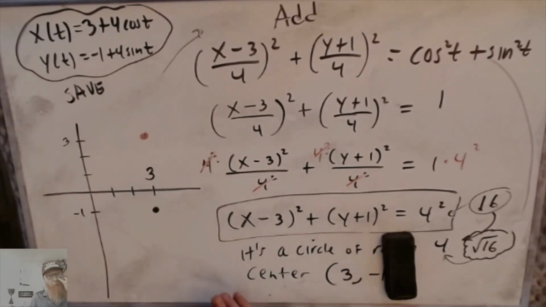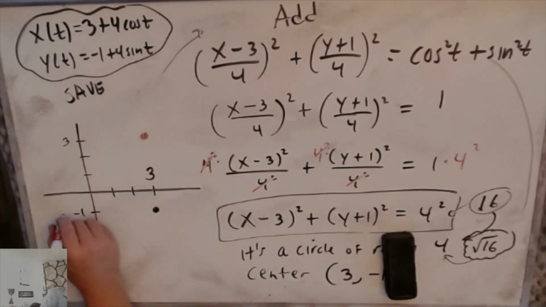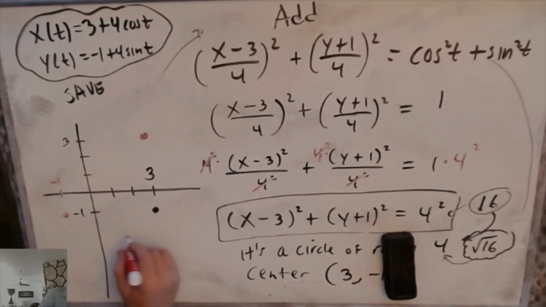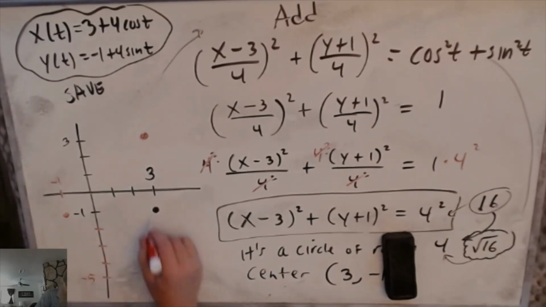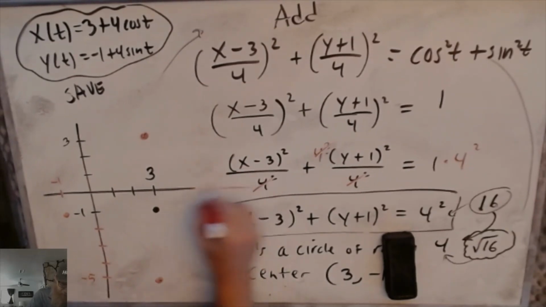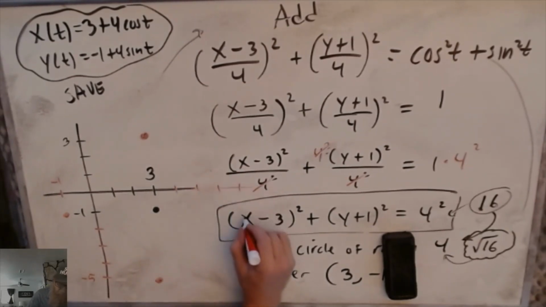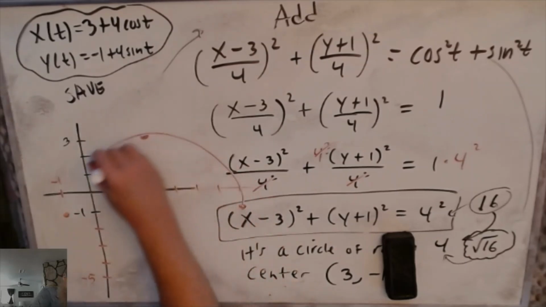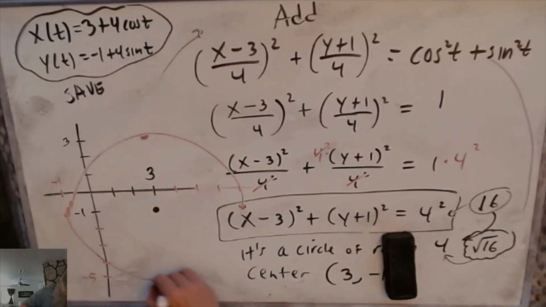I'm going to go 4 units to the left, puts me over here. 4 units down, 1, 2 through negative 5 down here. And 4 units to the right, 2, 3, 4 over here. And it might not look great on the screen, but that should be a circle.